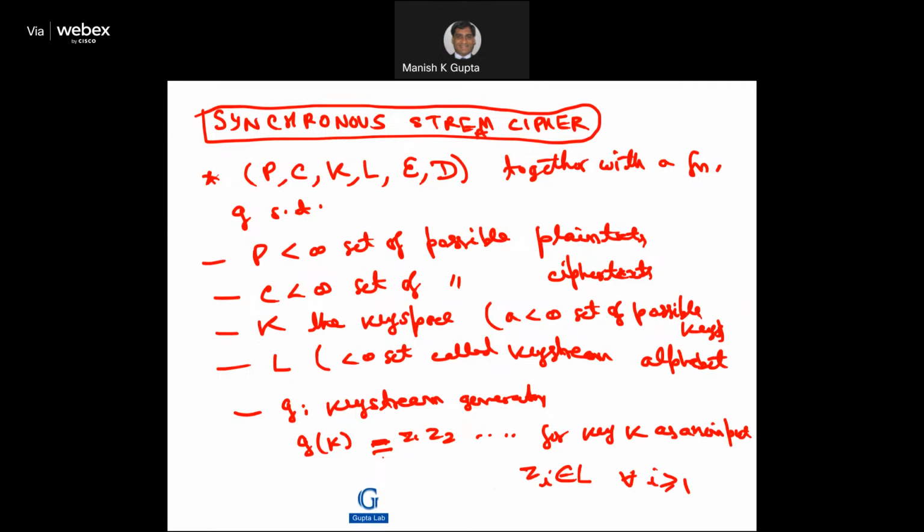And G, a key stream generator, some sort of function which is going to generate the key stream. So our task is to somehow generate that key stream Z is equal to Z1, Z2, Z3, Z4, and so on, right? Okay, so let us see that.